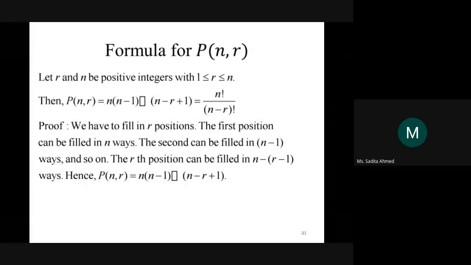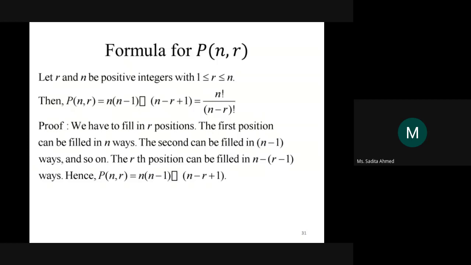That is, there are n ways to do the first task, n ways to choose the first element. And for every single one of these choices, you have n minus 1 options to choose the second element. That is n minus 1 ways to do the second task. And for each and every one of those n minus 1 options, you have n minus 2 options to do the third task.